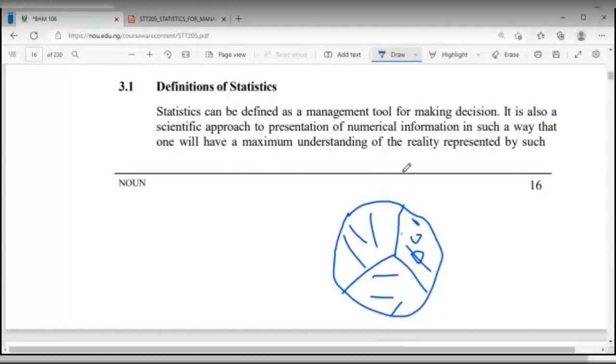Unlike when I have to begin to sort through a long list of figures to know which one is the highest and which one is the lowest. So that is what statistics does for you. It helps to present numerical information in such a way that one will have a maximum understanding of the reality represented by such information.